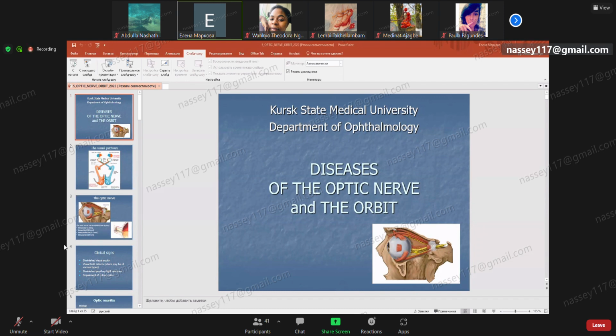On ophthalmoscopy, it can be divided into 2 types: retrobulbar neuritis and papillitis. What do they mean? Retrobulbar neuritis is inflammation of the part of the optic nerve behind the retina.